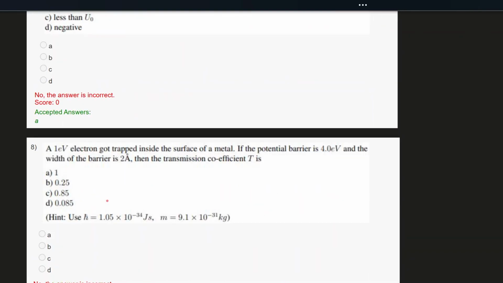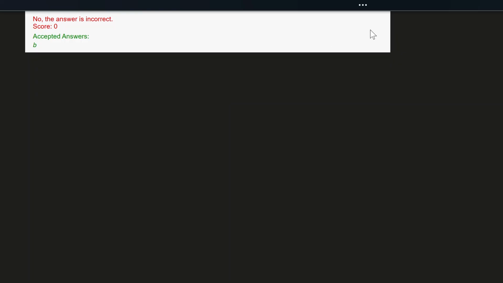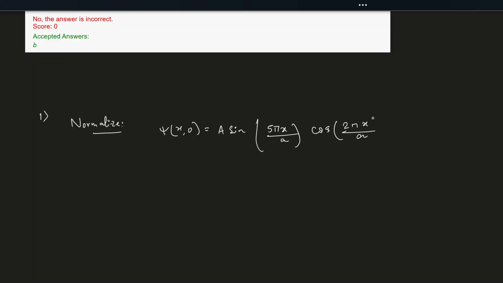So the answer to this question is that we have to simply apply the normalization rule of the wave function. So to normalize, the given wave function is psi(x, 0) equal to a sine(5 pi x by a) cos(2 pi x by a).